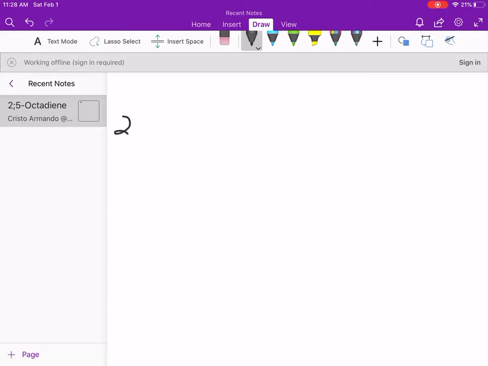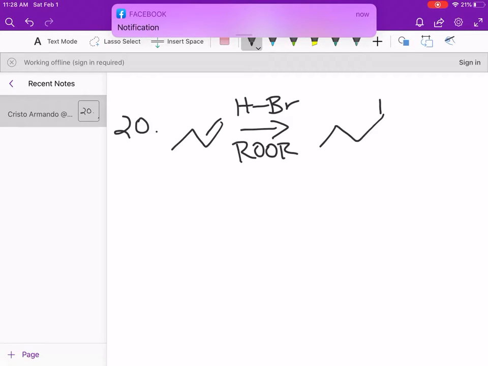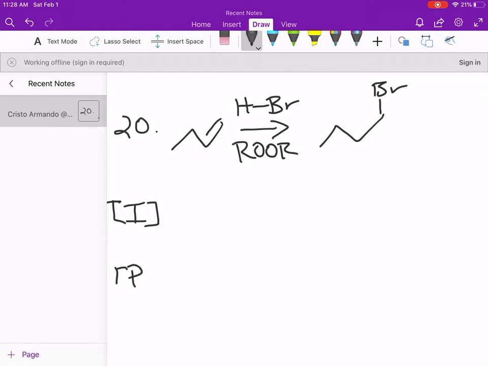problem number 20. We're going to have the same reaction that we did for problem number 10. And it's going to go through the same steps, right? So we know that radical mechanism can be split into initiation, propagation, and termination.